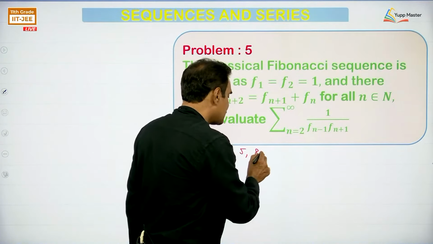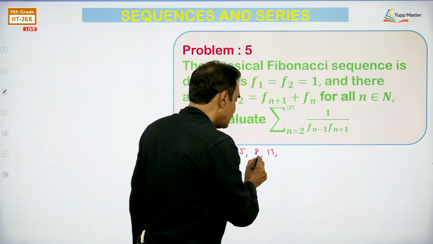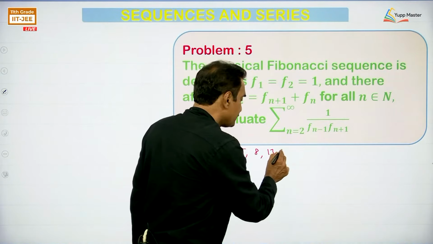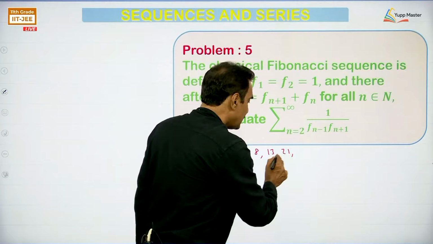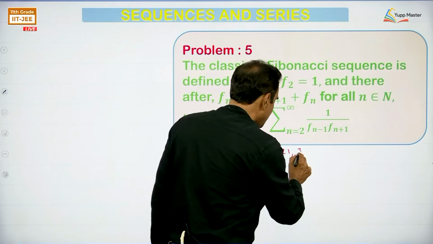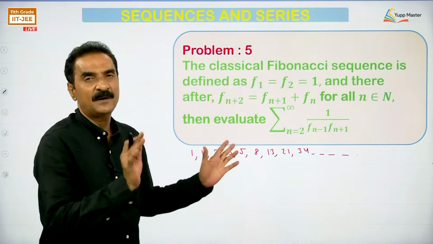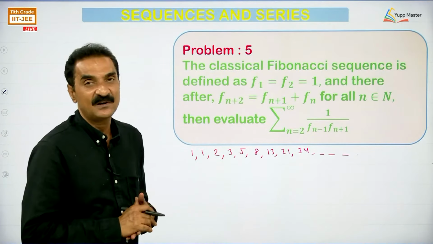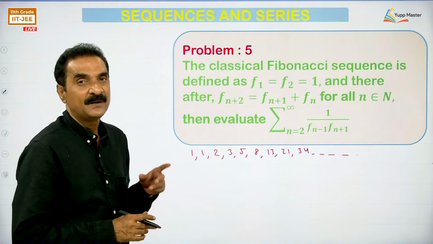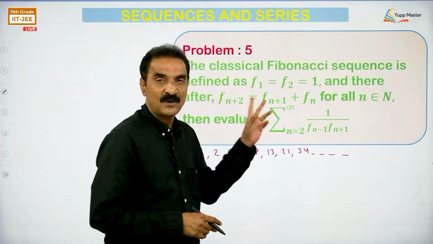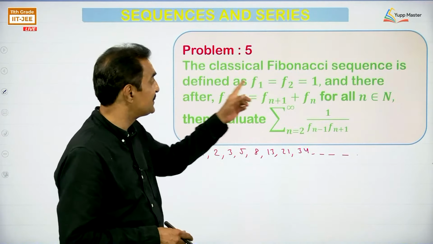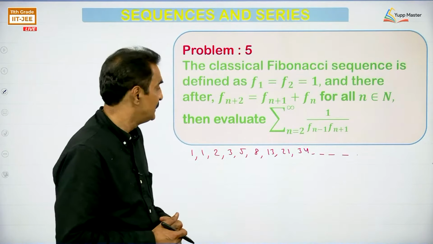Next is 5 plus 8, 13. Next is 8 plus 13, 21. Next is 34, and so on. You can continue to any number of terms. This sequence is called the Fibonacci sequence. And if you take the first two terms as 1 and 1, it is the classical Fibonacci sequence. Alright.